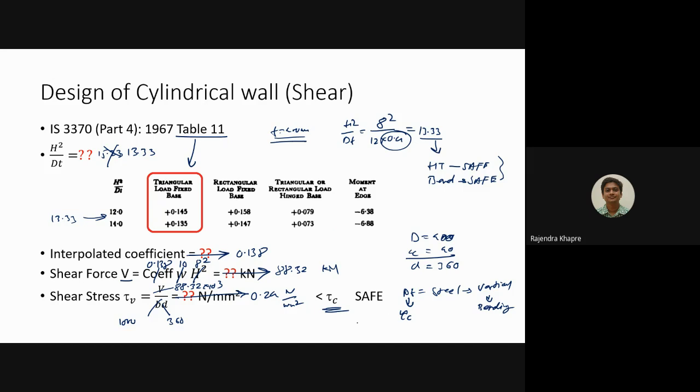You will always find that tau v is less than tau c, meaning the actual stress is less than the permissible stress, so the wall will be safe in shear. If the wall is not safe in shear, then either increase the thickness or increase the percentage of steel.